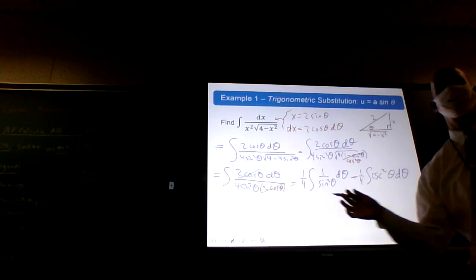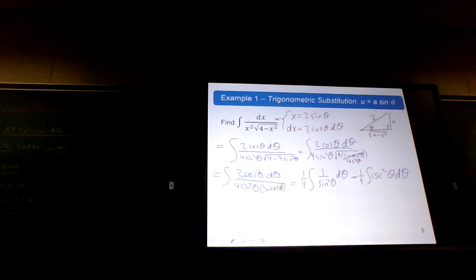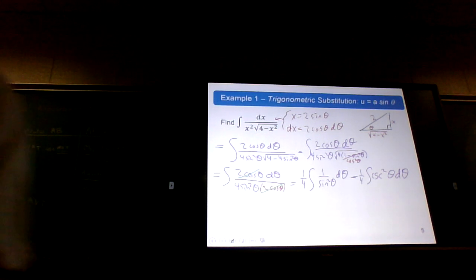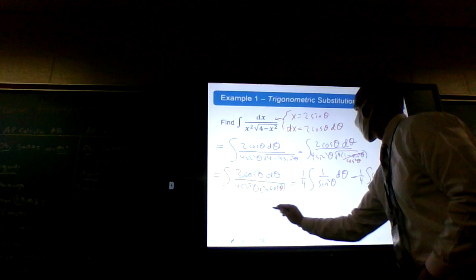And you're just thinking, okay, where are we getting at with this, Mr. Allen? This is crazy. Let me help you guys out. Does anybody happen to remember what the integral of cosecant squared theta is? Negative cotangent theta plus c.